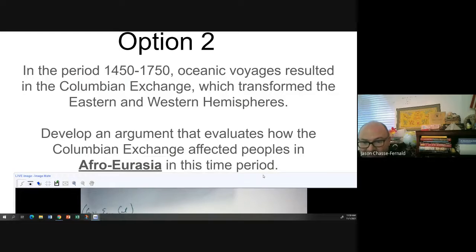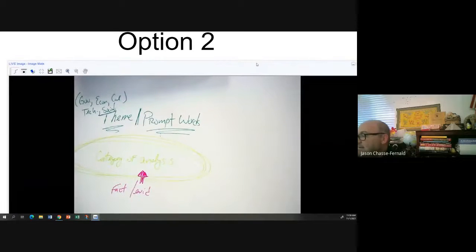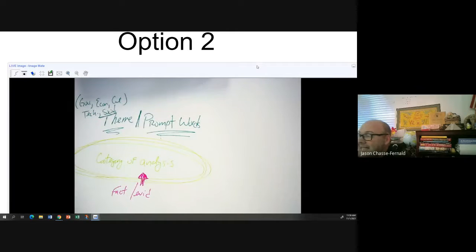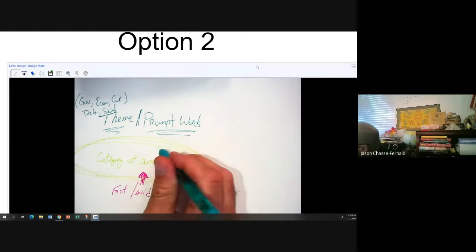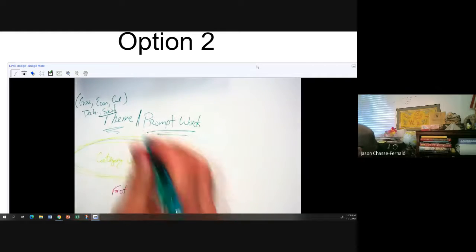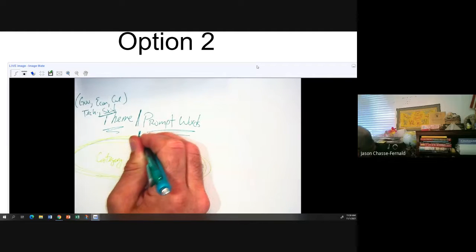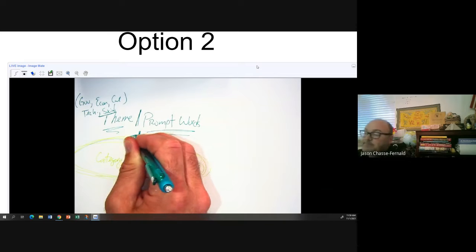All right. So we need to be more specific than the prompt in order to answer the prompt. Let's keep in mind we're looking for that little sweet spot in between theme words and prompt words, and in between facts.